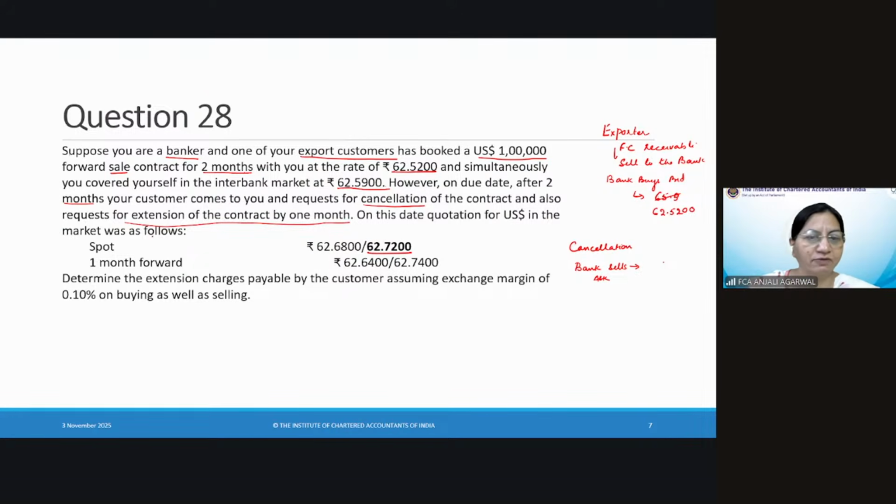So these are the rates after 2 months, 62.7200. There is also an exchange margin of 0.10% again on buying as well as on selling. So when bank says that I want 62.72, it will add the margin of 0.06272. 62.7200 plus 0.06272.